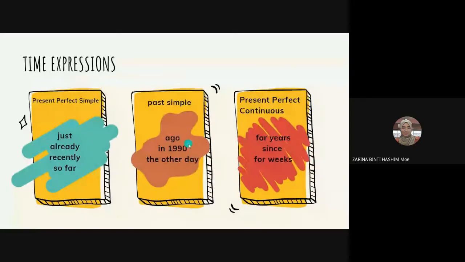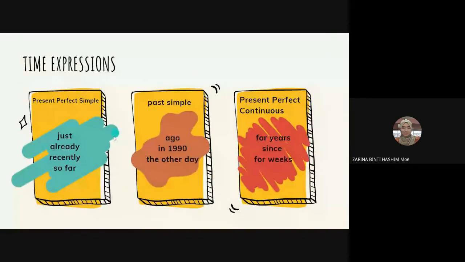Now number 8, 9, 10. I want you to do these. Type your answer in the chat box. Because I already explained how to choose, let's see how you do it. For past simple, the time expressions are ago, in 1990, or the other day.